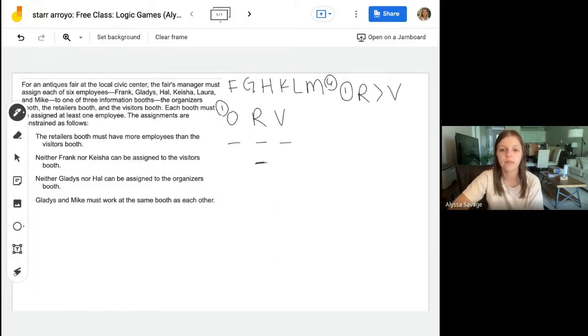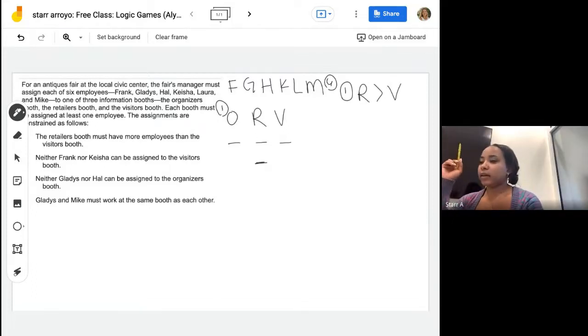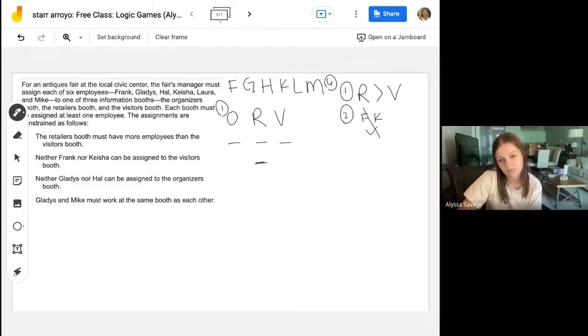Okay. Number 2 says neither F nor K can be assigned to the visitor's booth. So I would put F and K and then a V under, and then a slash to say no, F and K can't go into the visitors. Like that? Yeah. Okay.